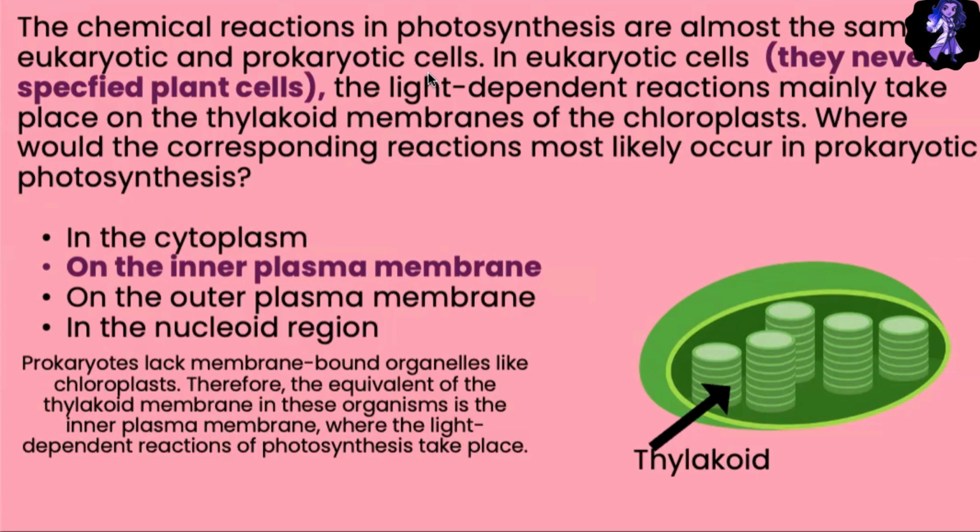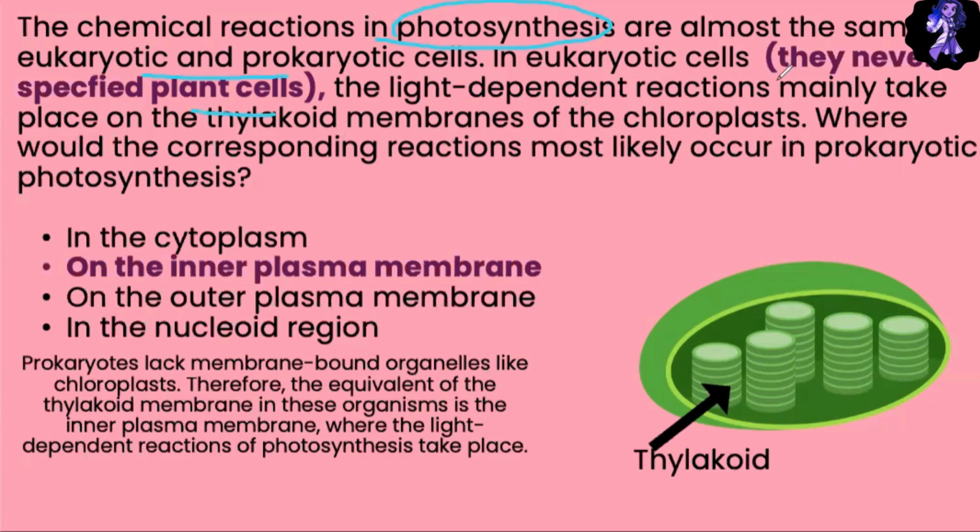So I want you to think to yourself, hey, they're comparing eukaryotes to prokaryotes. But I also want you to think, based on the information they gave us, they let us know that they're talking about photosynthesis. So while they're comparing eukaryotes and prokaryotes, they are letting us know with a hint that they're actually talking about plant cells.